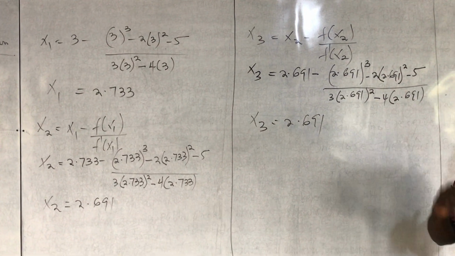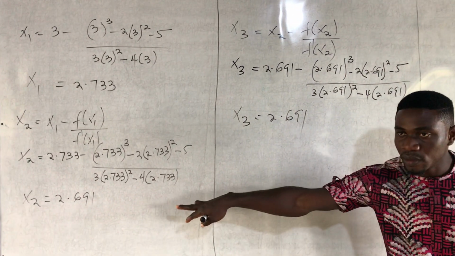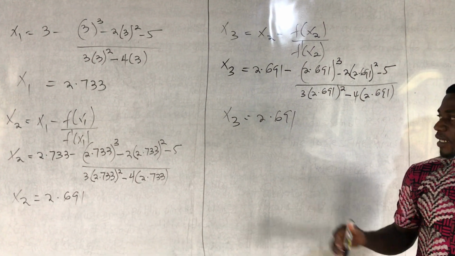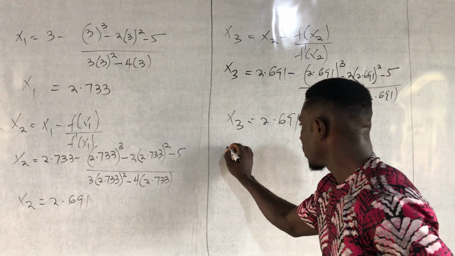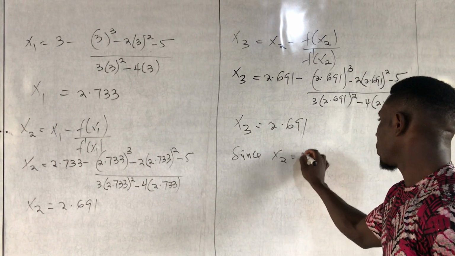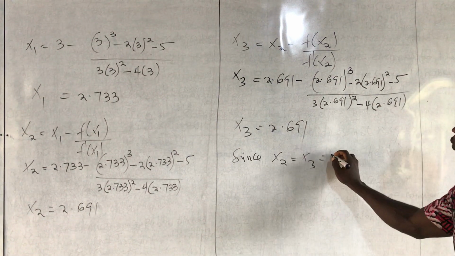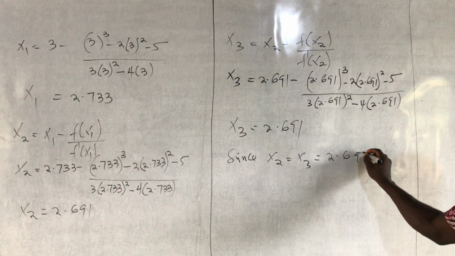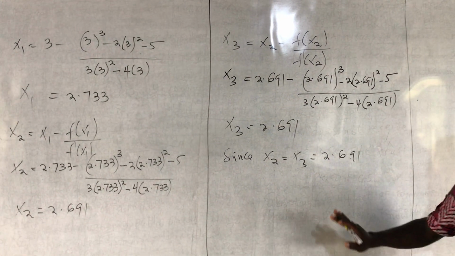So you can see that the value for x2 and x3 is the same. Since x2 is equal to x3, that is equal to 2.691, we can now draw a conclusion here.